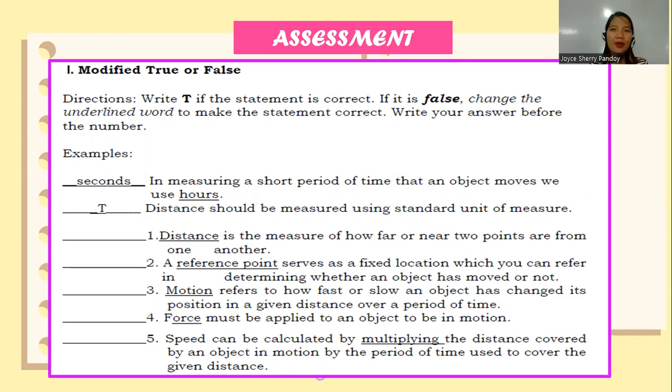Test 1, it is called modified true or false. Directions. Write T if the statement is correct. If it is false, change the underlined word to make the statement correct. Write your answer before the number.